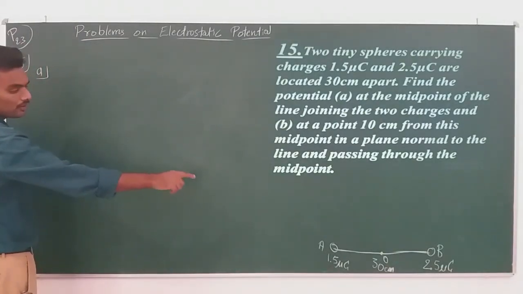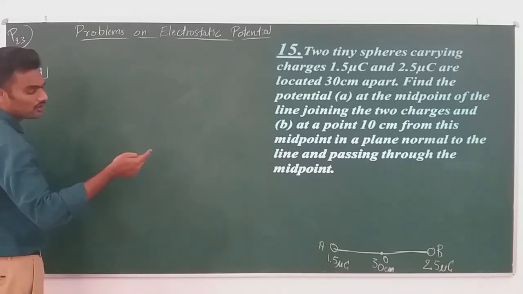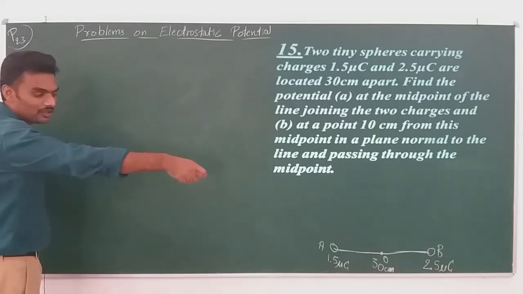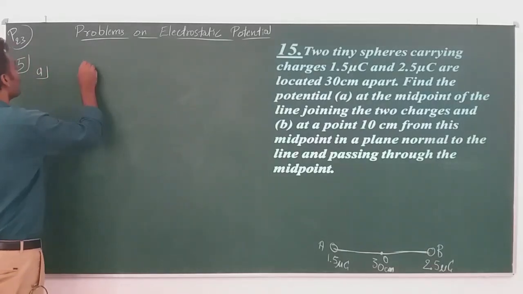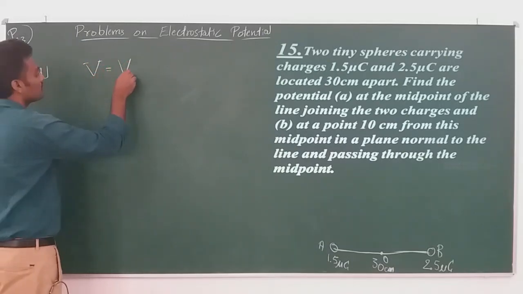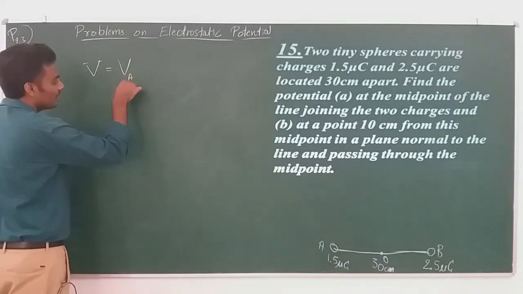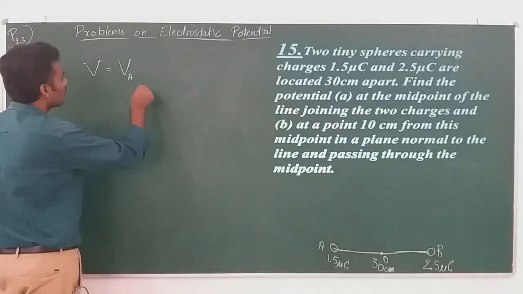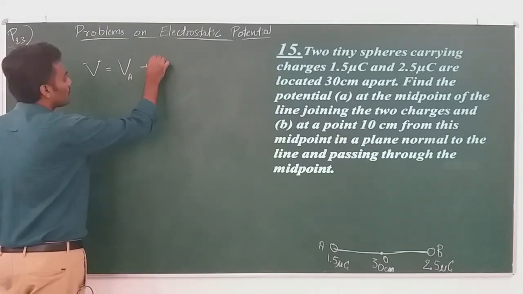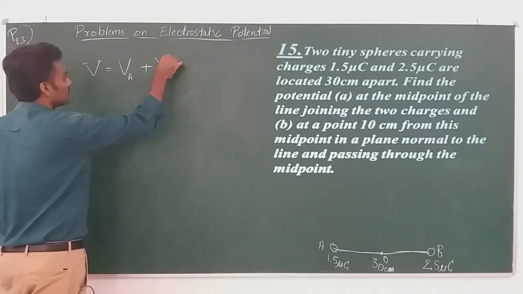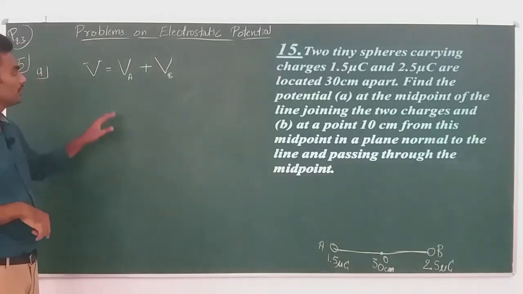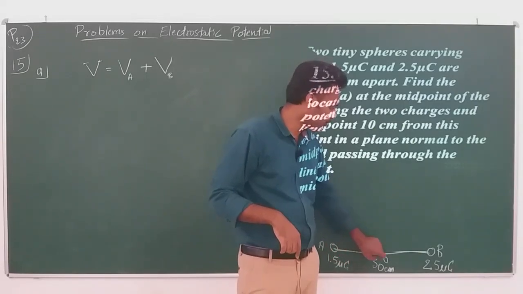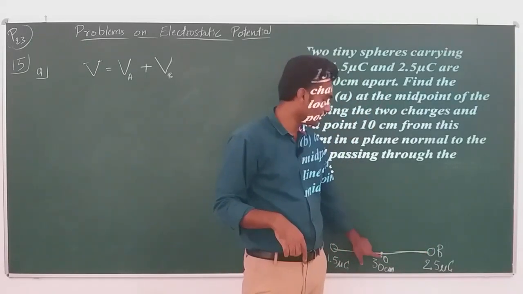Now at point O we have potentials contributing from both the charge kept at A and the charge kept at B. So, total potential at O is equal to the potential due to charge at A at O, plus the potential due to charge at B at O. So, this charge A will give a certain potential at this point and this charge B will give a certain potential at this point.